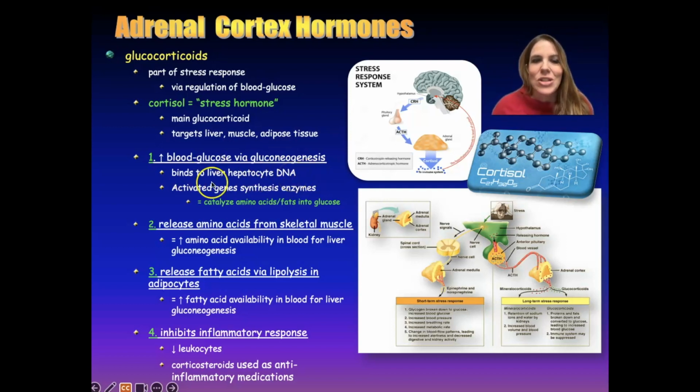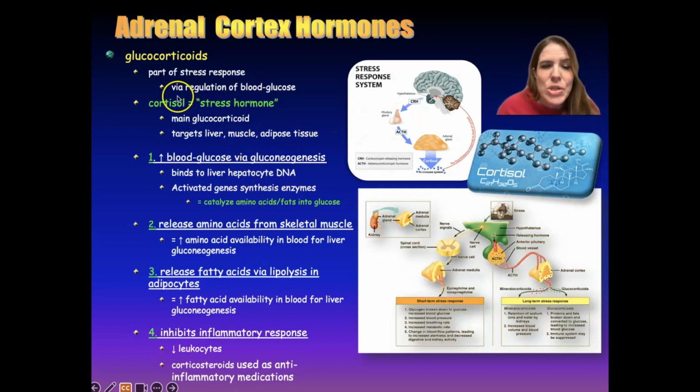That's going to activate gene synthesis of certain enzymes, and it's those enzymes that are going to catalyze amino acids and fats to turn into glucose. So it's all about producing glucose, fuel, to be in the blood, by activating genes in the DNA of liver cells that cause the production of enzymes that catalyze the creation of glucose from amino acids and fats.